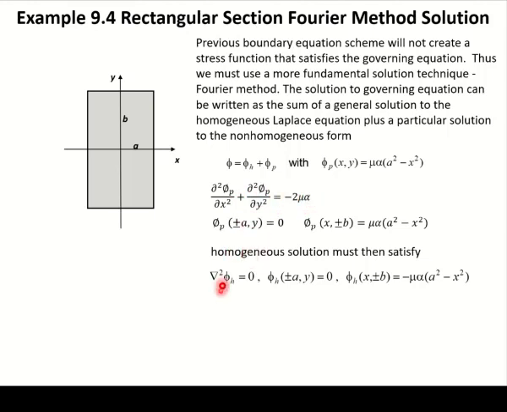So when you combine them, it will satisfy the requirement. And I know that when I combine these two, at the boundaries I should always get my stress function equal to 0. So when x is equal to a and minus a, it's 0, which means that my homogeneous stress function should also be 0 there.